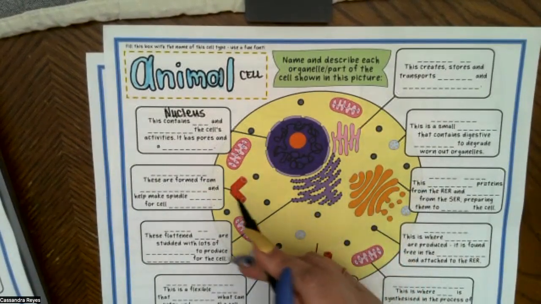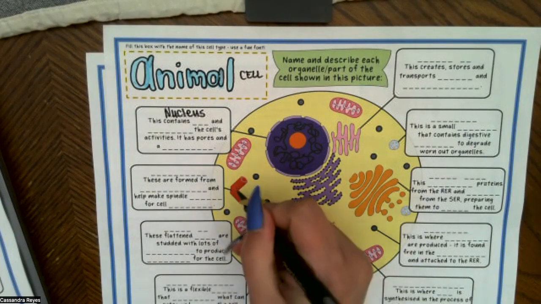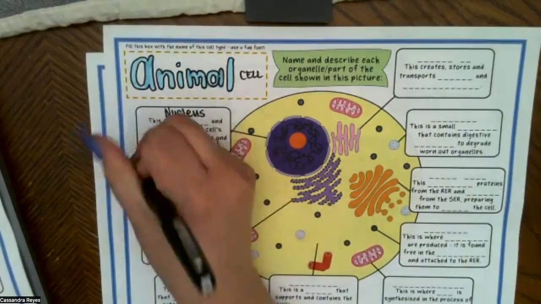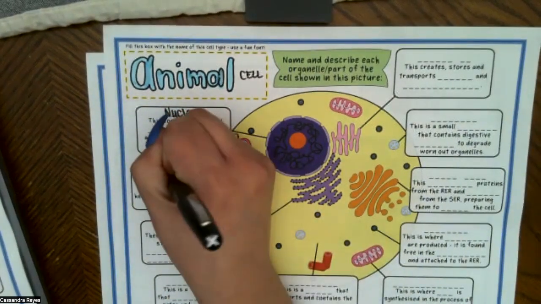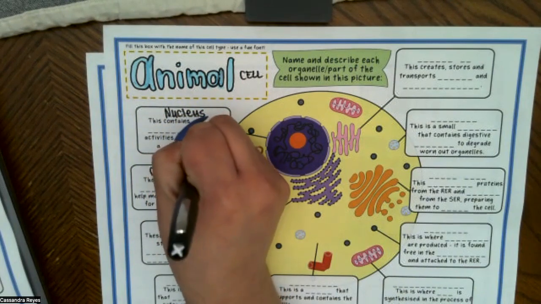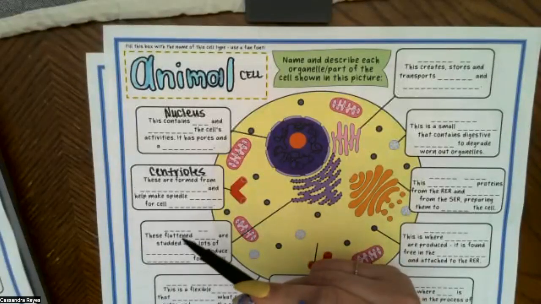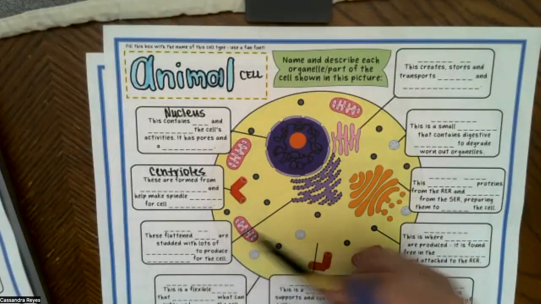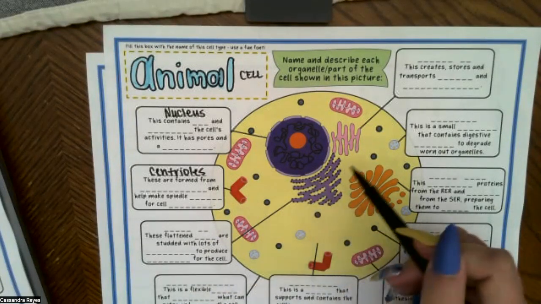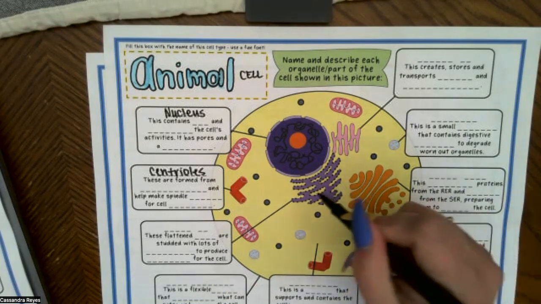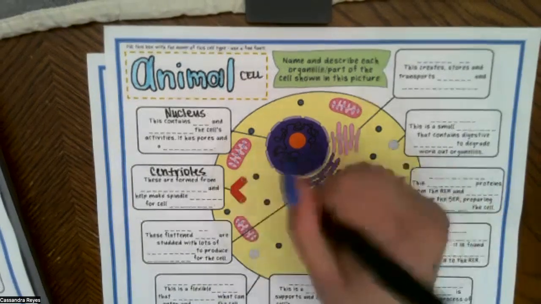Now we're gonna move over here to this little red guy. These little red guys over here are what is known as centrioles. If we continue to move down, we will see these little pancake looking blueberry filled thingies.